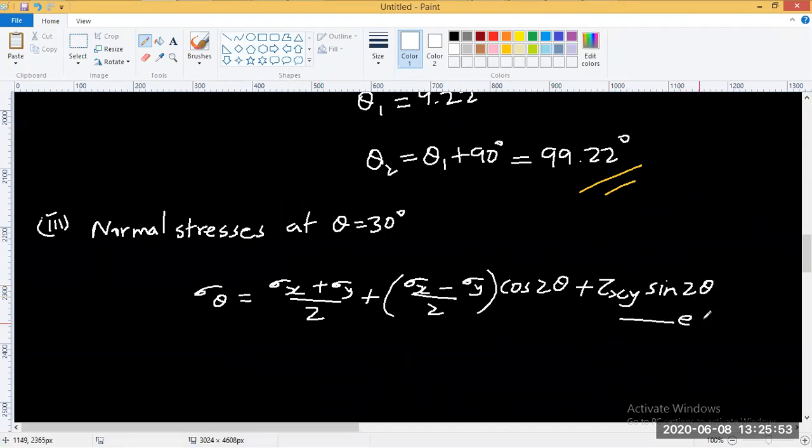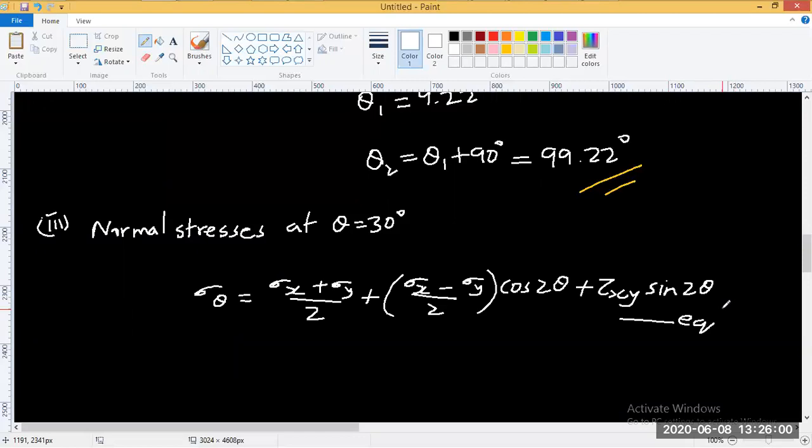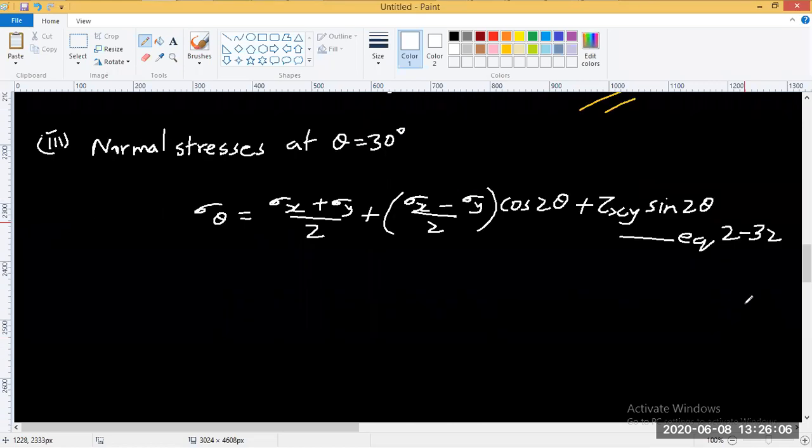So this is given in the equation. Let me check the equation. 232. So directly you can plug and play.